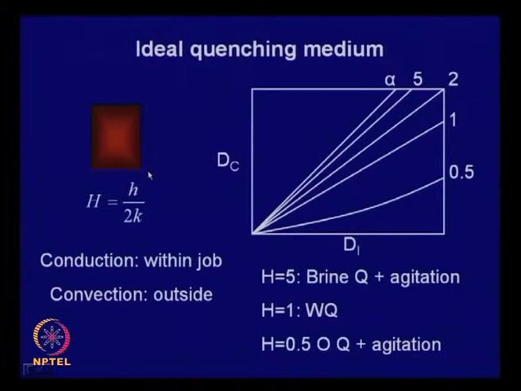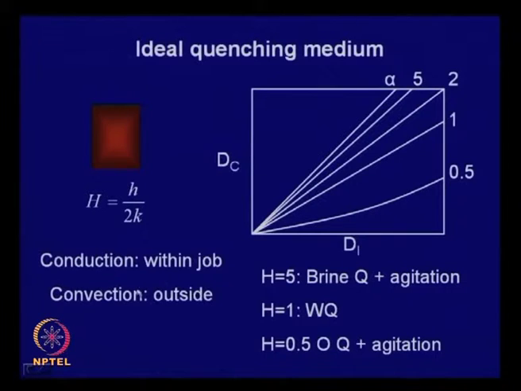Definitely the surface will be at the lowest temperature, and the center will have the highest temperature, and with time this temperature difference will go on decreasing. The rate at which it decreases will determine our ability to extract heat from the surface, which will be determined by convection.